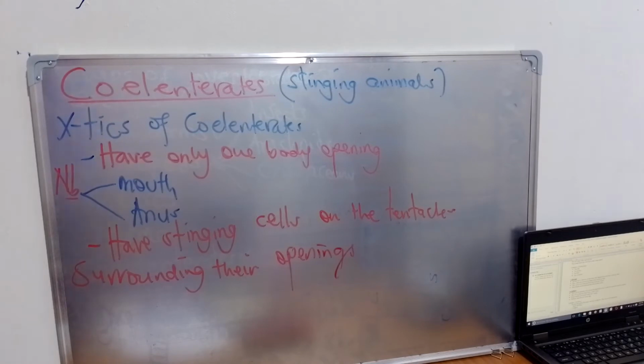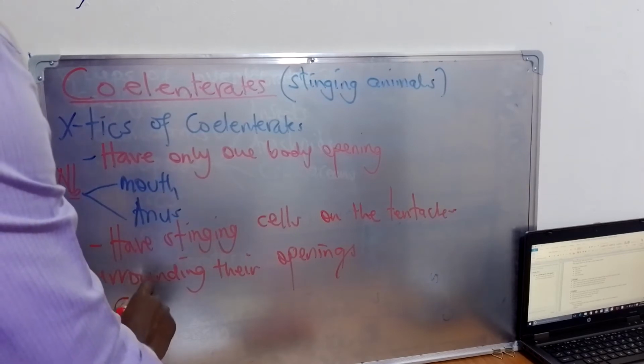These are what we call coelenterates. What is the structure of their body? Coelenterates are cylindrical in nature.